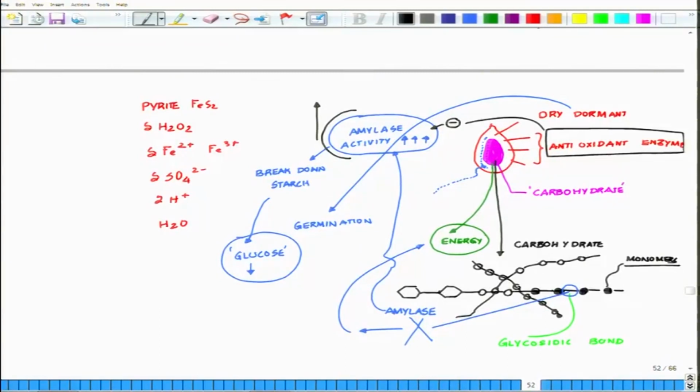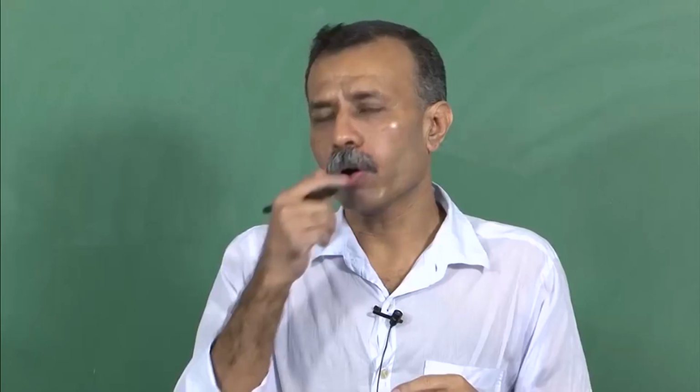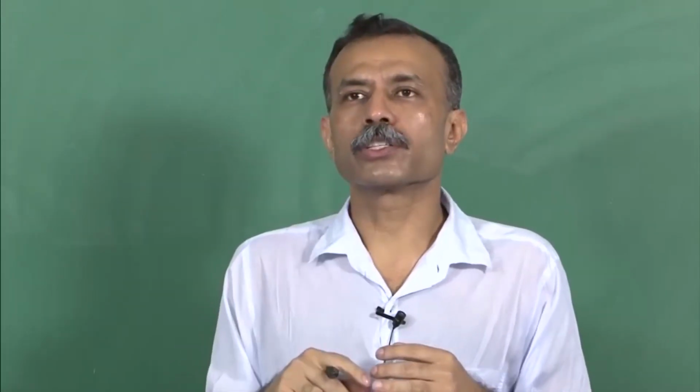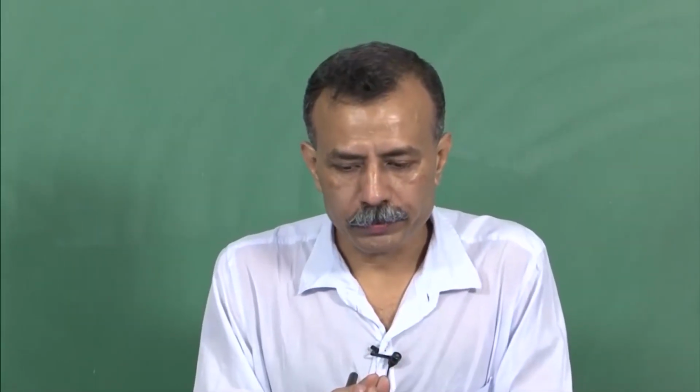So, what we observe is that amylase activity, which is responsible for breaking down the big starch molecules, is being stopped by these antioxidant enzymes.